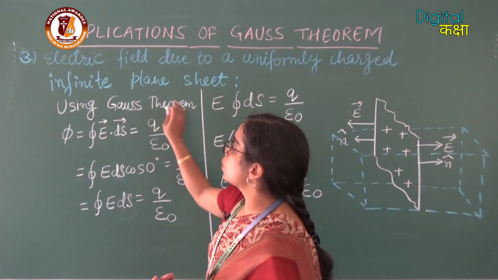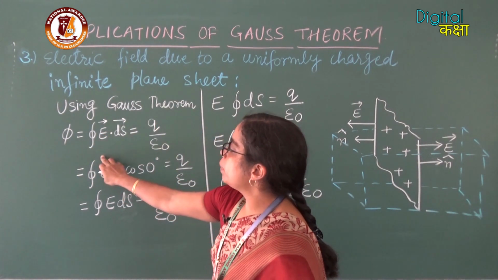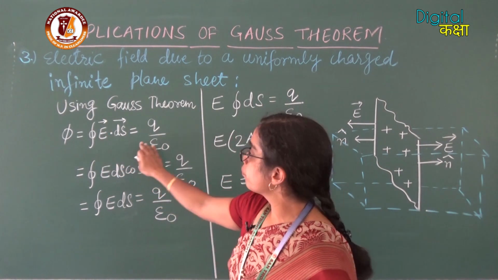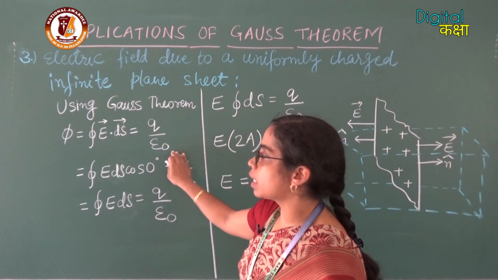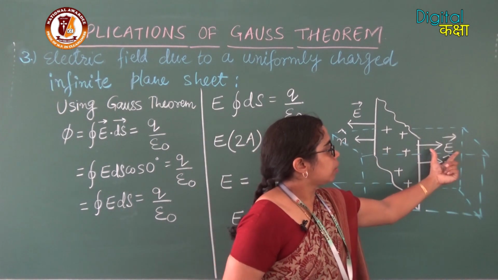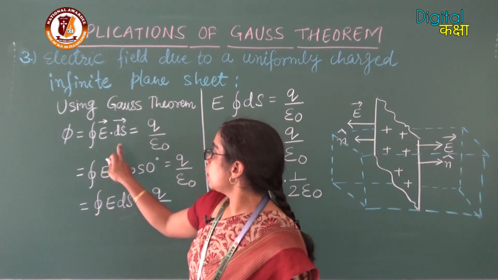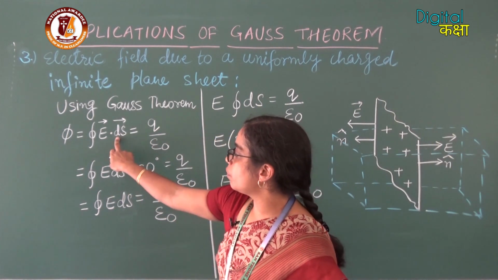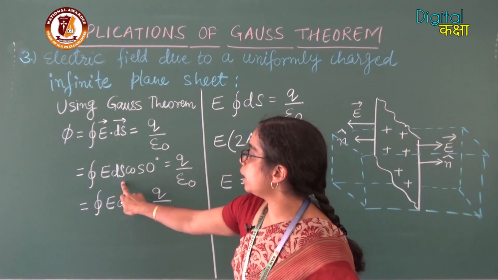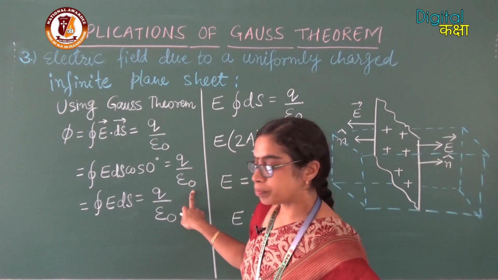Now, using Gauss theorem, we can write the formula phi is equal to the complete integration of vector E dot vector ds is equal to q upon epsilon naught. Since here the angle between the electric field and unit vector n cap is 0 degrees, on solving it further we write it as integration of E ds cos 0 degree is equal to q upon epsilon naught.